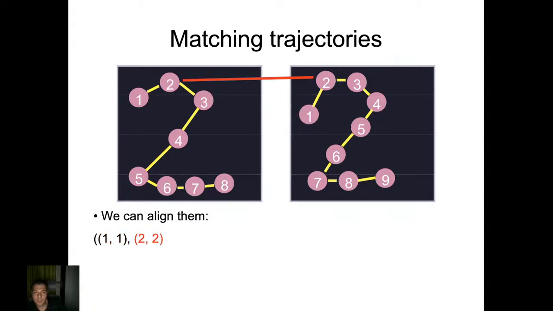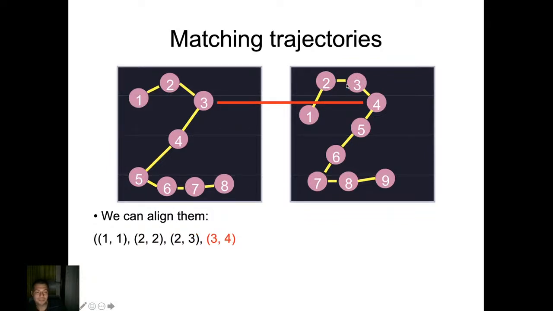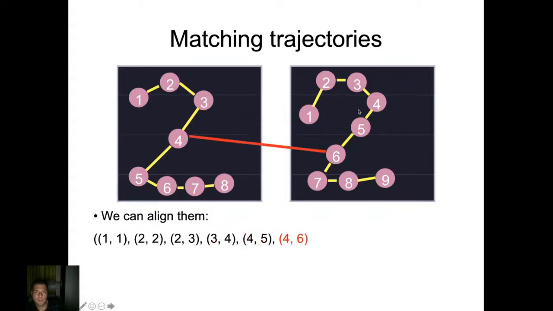So for example, assuming that the gestures start in the first frame and end at the last frame, we can match the first two frames, and then we can try to align the frames. For example, when we are in the upper part of digit 2, here we have frame 2 in this video aligned with frames 2 and 3 in this other video. Then we can match frames 3 and 4, 4 and 5, and so on.